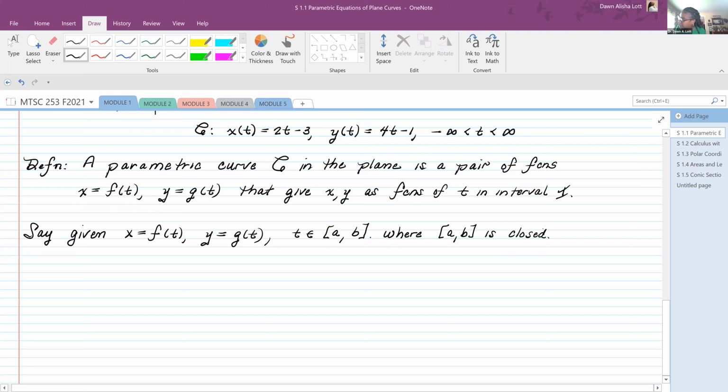Then, now this is going to look weird, but I'm going to write it as P of a. That's the point defined by f of a, g of a. And P of b, that's the point defined by f of b, g of b. They are the endpoints.